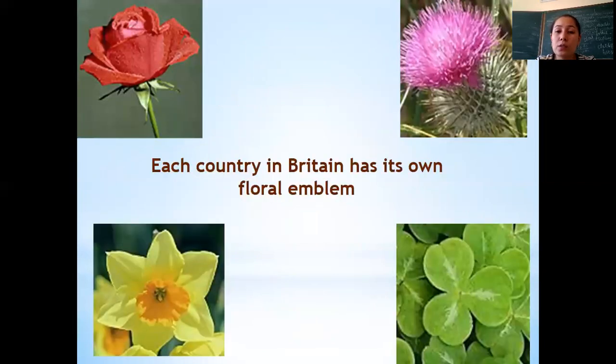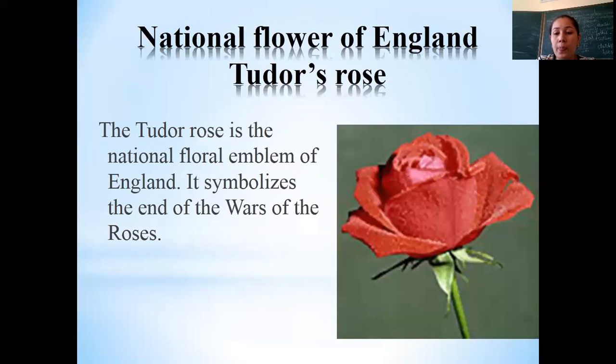So in this slide we can see, dear students, the symbols of the UK. As you see here, different flowers. Here you can see the daffodils and the roses. Each country in Britain has its own floral emblem.